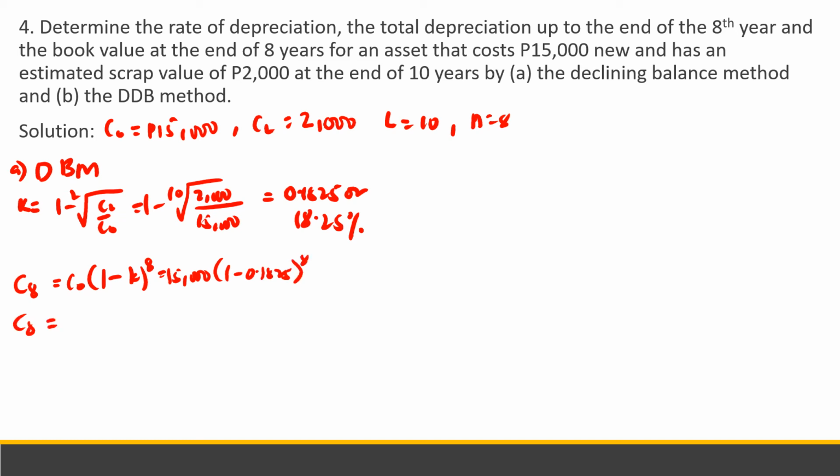So C8 is equals to 2,992 pesos. So the book value at the end of 8 years is 2,992. Okay, so total depreciation is CO minus C8, which is equals to 15,000 minus 2,992.